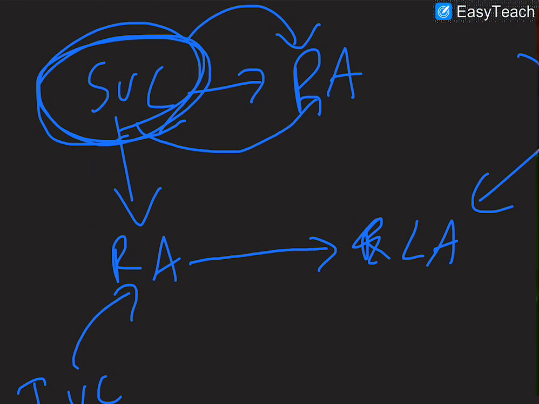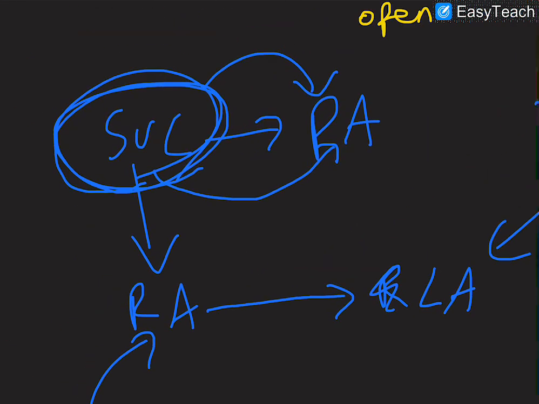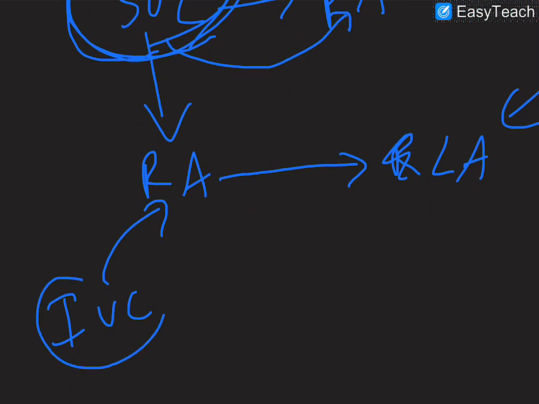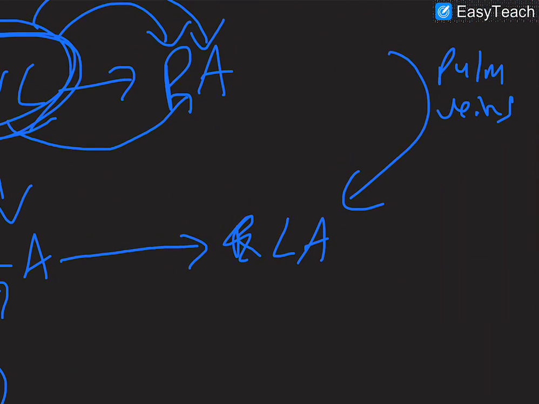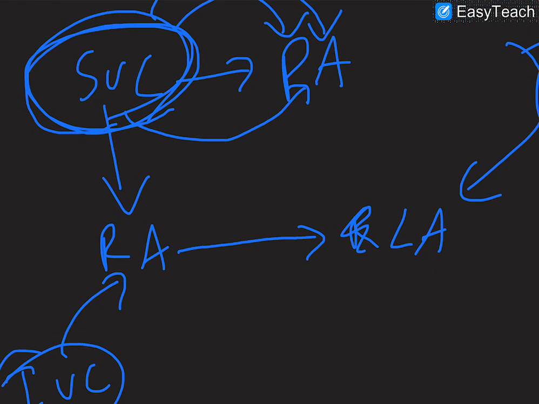But now, with this surgical procedure where you attach the superior vena cava to the pulmonary artery, the volume load on the left ventricle is reduced, because now the left ventricle is only dealing with blood coming from the inferior vena cava and the pulmonary veins, not the superior vena cava.